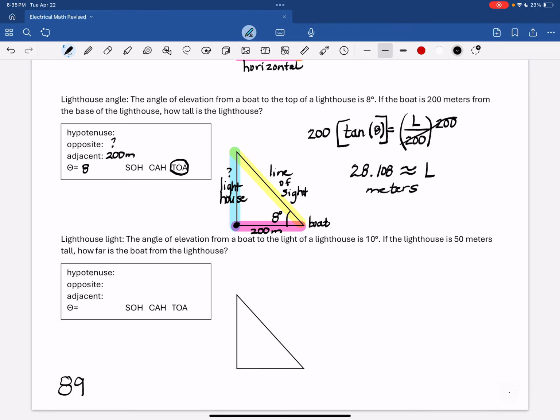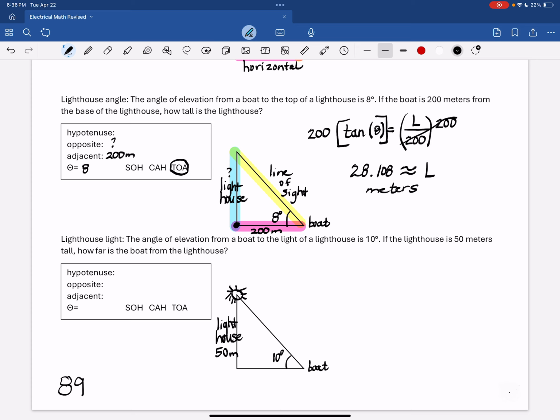A similar problem, the angle of elevation from a boat to the light of a lighthouse, so that would be up here, is 10 degrees. This is the lighthouse. And that's all one word, I just don't have room. If the lighthouse is 50 meters tall, how far is the boat from the lighthouse?